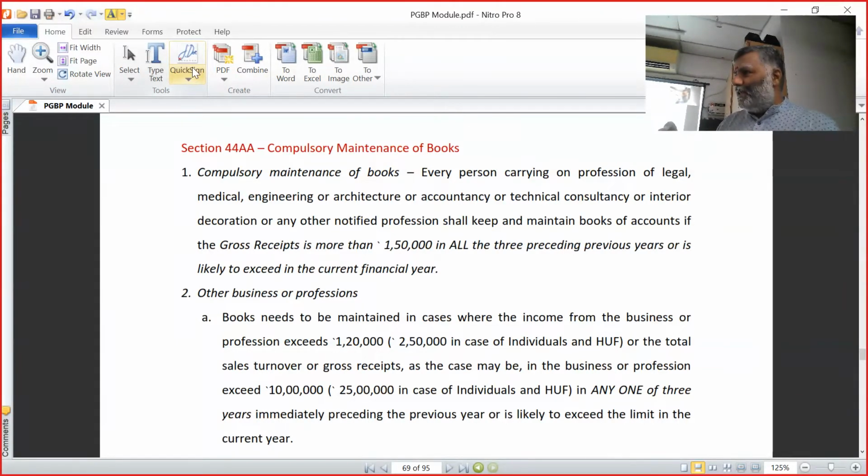Add both these things. 50% of that or the brought forward loss, whichever is less. In this case, whatever we have worked out is current year loss only. Normally it can be set off against any income other than salaries. But in this case, it is restricted to 50% of the other.